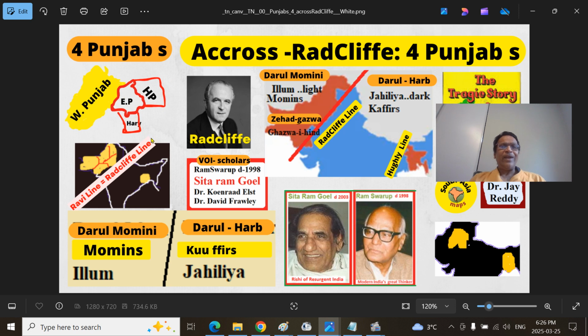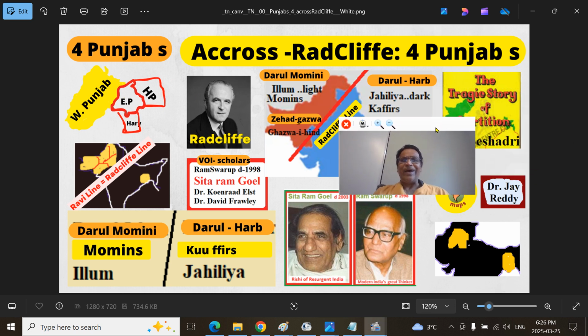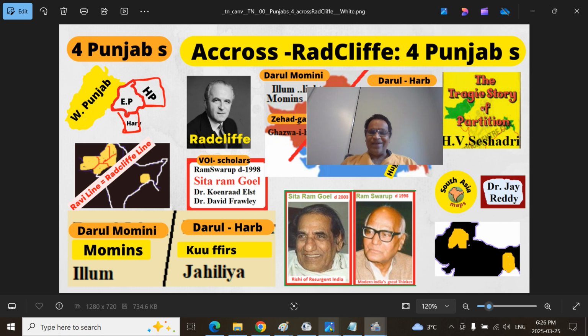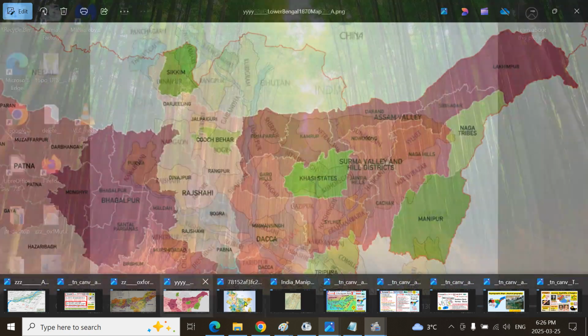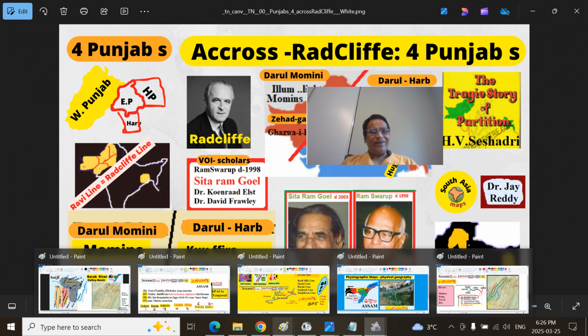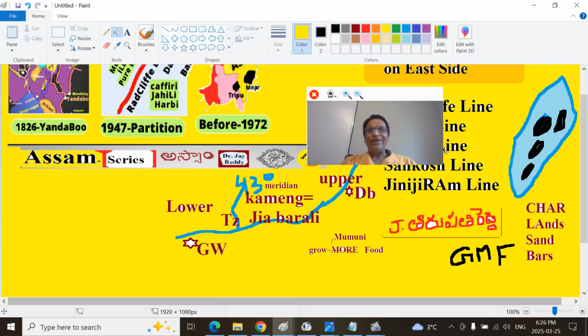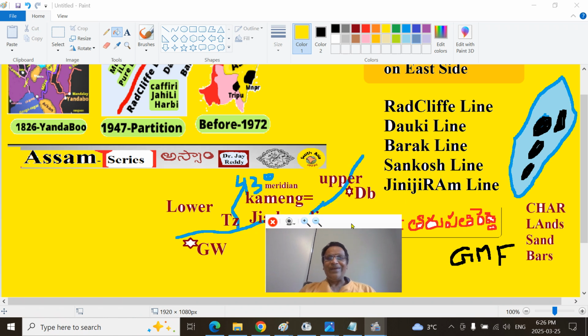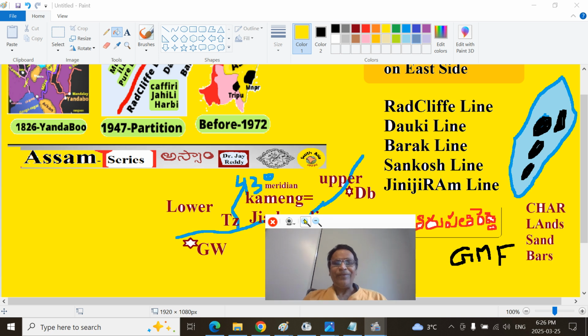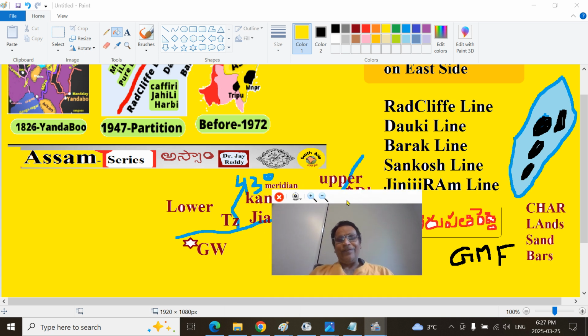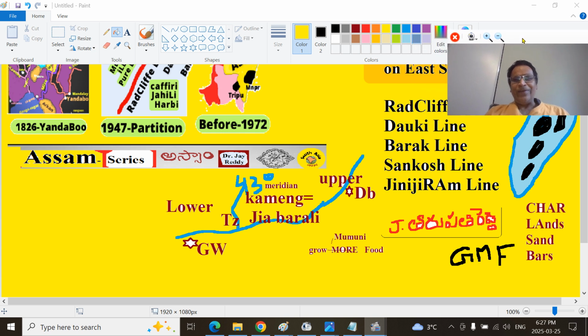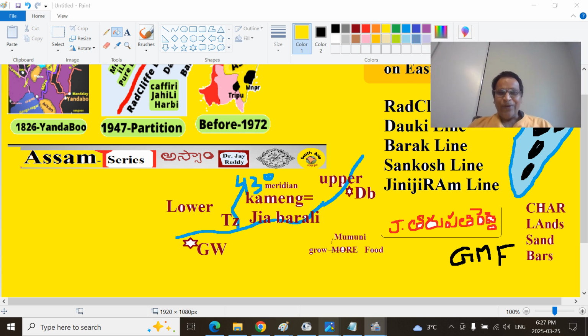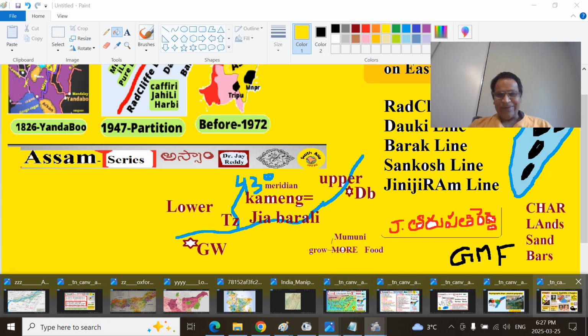That Radcliffe line or Ravi line or Sutlej line on the west is the same as on the eastern side, that is the Dawki line, or Barak line, Surma line, Kushiara line, Sankosh line, Jinjiram line. Why did it stop only in that particular part? You have to have a deeper understanding of the geography or physiography. Here I will not be going into detail, I am just telling a small part, while you can look in that perspective also.